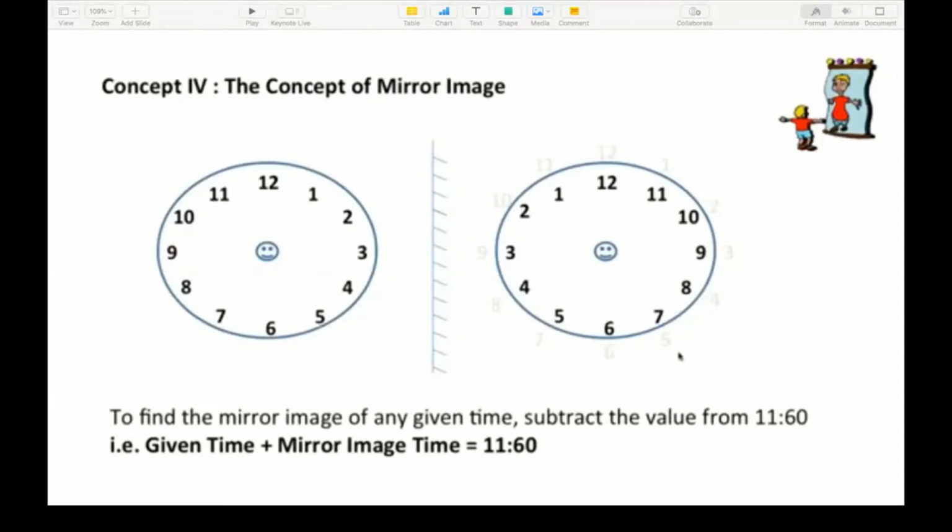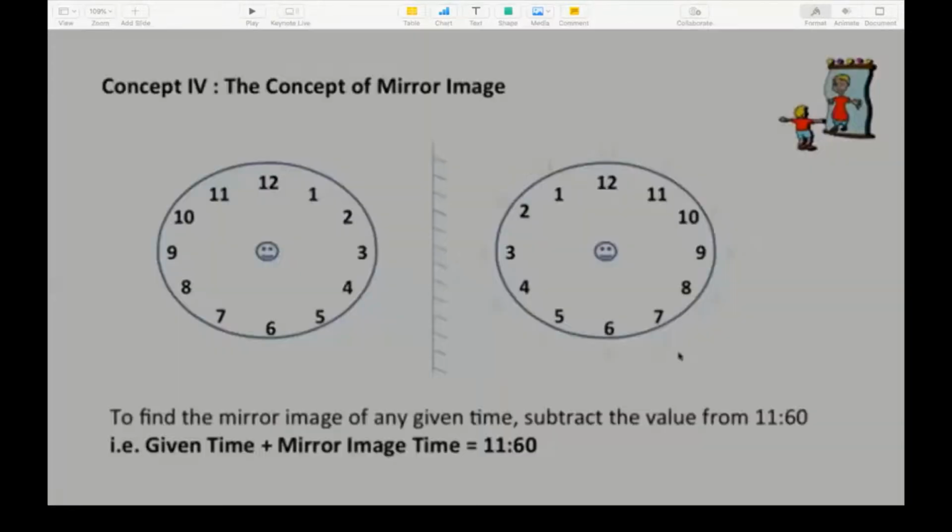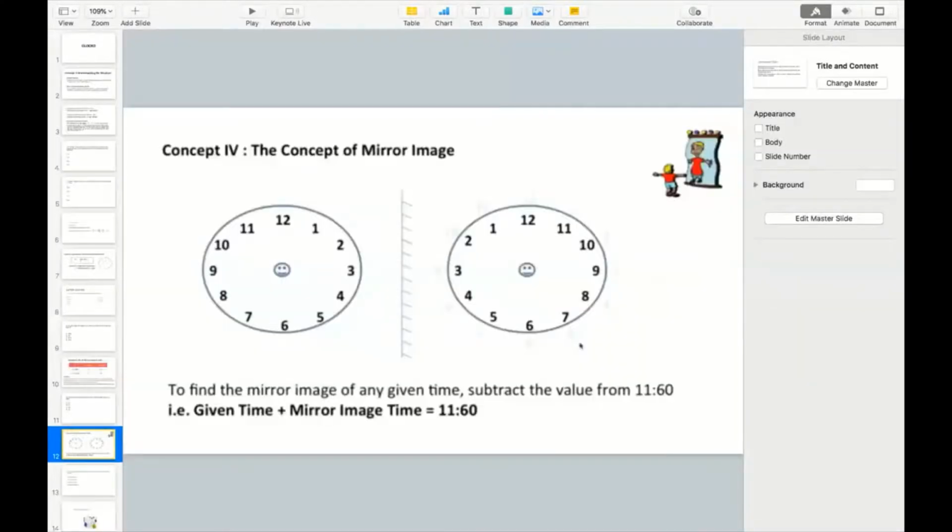Okay, and you can figure it out very well, right? Let's say if I ask you that if the time is 7:20, then what will be its mirror image? Think, there's no logic in it. Simple, you need to visualize that if the time is 7:20, what will be the mirror image?